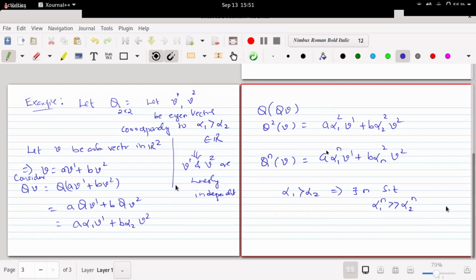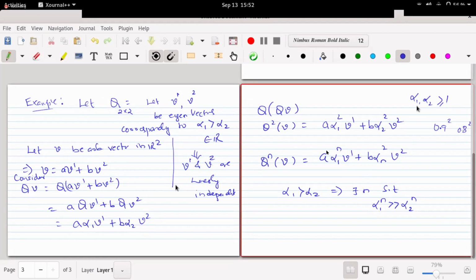That is one more assumption on alpha 1, alpha 2. Then at least if one is greater than 1, the other will be too, and this property will hold. Even otherwise, 0.9 square and 0.8 square, if we do, will reach 0 fast. Anyway, you look at this one.